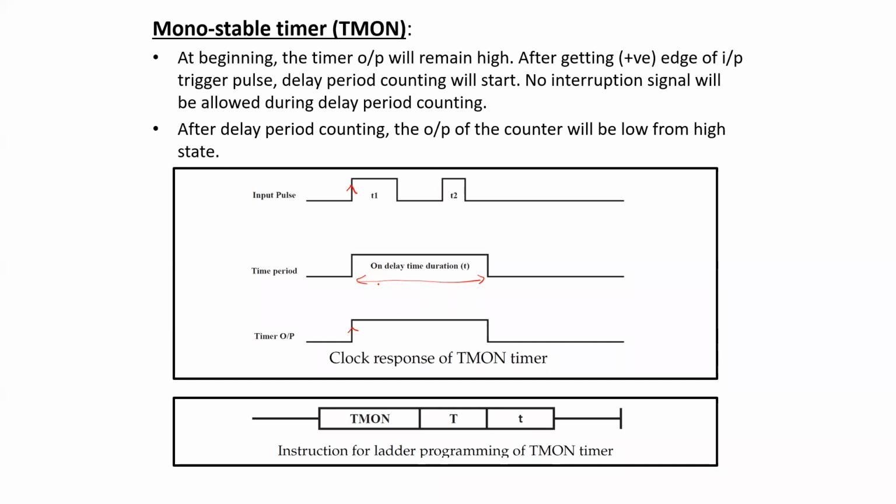In between this counting process of delay, if the input pulse goes low, the delay count will still continue, and within this duration, if there is another input pulse, this sort of timer will not have any effect of any intermediate pulses between the period when the delay count is going on. And as long as the delay count is going on, the timer output will also remain high. And when this delay count is over, the timer output will go from high to low.